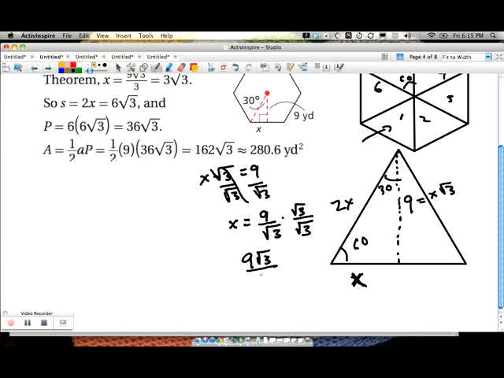I would get 9 root 3 over 3, and that reduces to just 3 root 3. So that would be our x value. That means this x right here is 3 root 3. That's what they came up with as well. That also means that the whole side is 6 root 3.